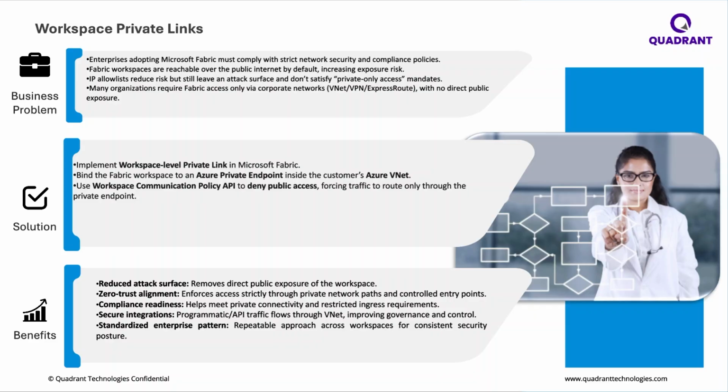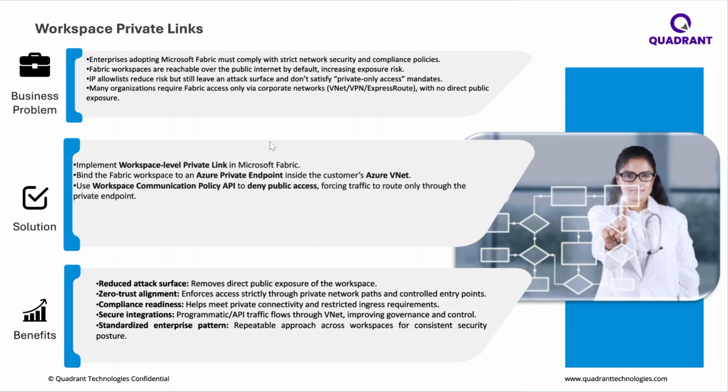We can see how we can restrict access to the workspace so that it is only through private endpoints, having secured access to your workspace through the VNet, right? So within the VNet, without crossing the boundary and exposing your data to the public internet. That's the whole idea of this deep dive video.